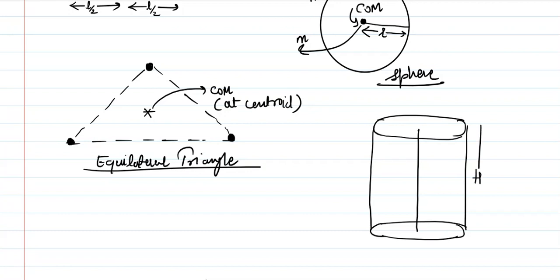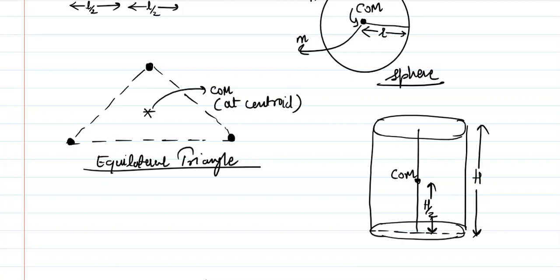Its height is h from the ground. Now this cylinder is also uniformly distributed. It is a uniform body, so we can say that its center of mass will be situated at a distance h by 2 from the base. H by 2 from the base. Okay, I think now you are able to understand a little bit about center of mass.